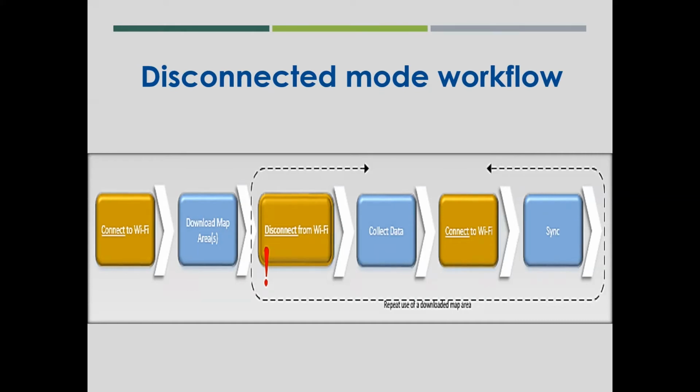And this kind of breaks it down. While you're connected to Wi-Fi, you download a map area, an area of interest, which kind of lives on your device as a little copy that you check out. And then you can go ahead and disconnect out from Wi-Fi, go on out, collect data in that downloaded map area all day, come back to your Wi-Fi connection and synchronize that data.